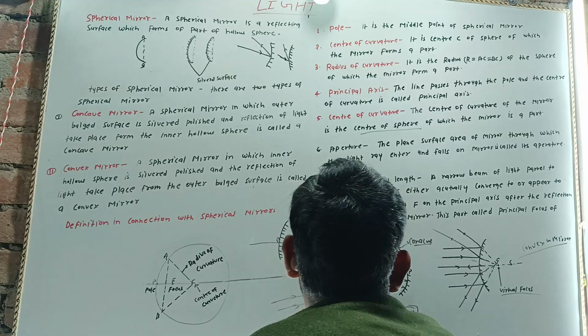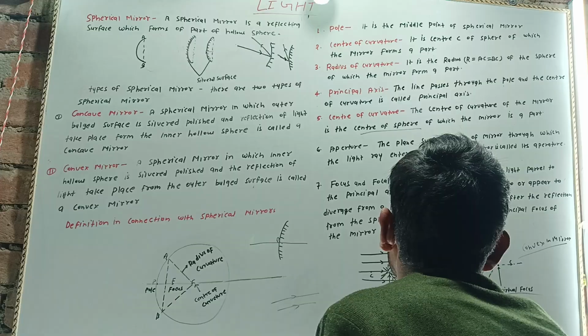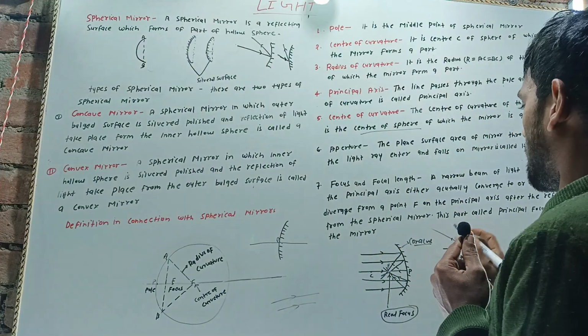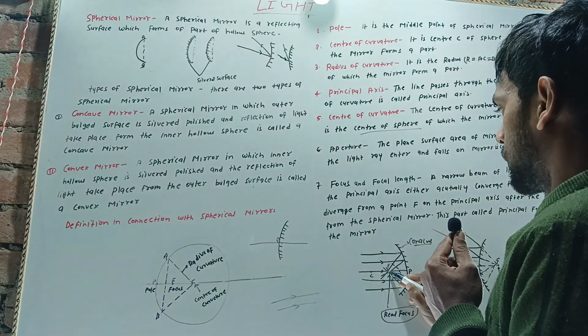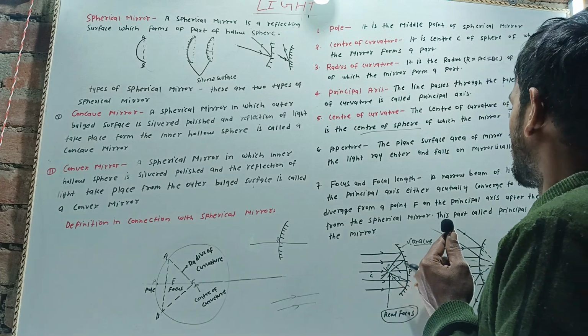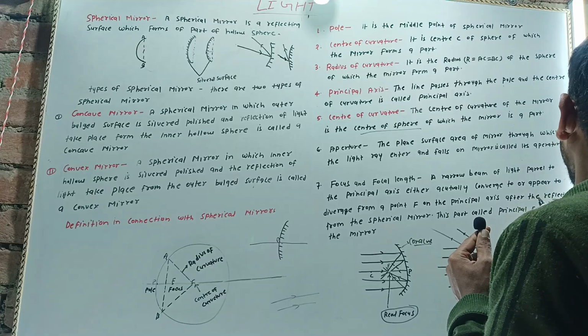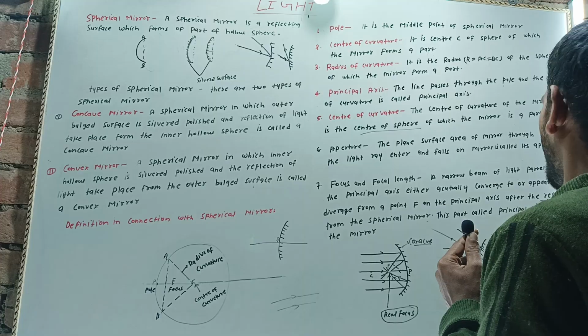What happens when it falls on the mirror? After reflection, it meets, or appears to meet, at a point on the principal axis. This is called the principal focus of the mirror.